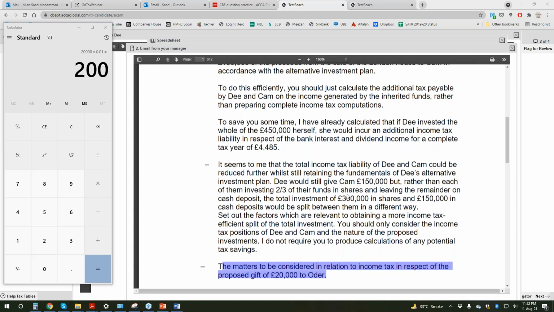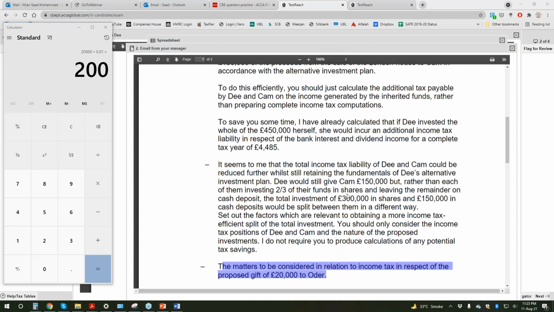Number two, he also has 500 basic nil rate band left of income tax savings nil rate band. So that is another thing. So I guess it will be more feasible if Cam invests more and D invests less. Why? Because the tax rate of D is high because her income is already very high.